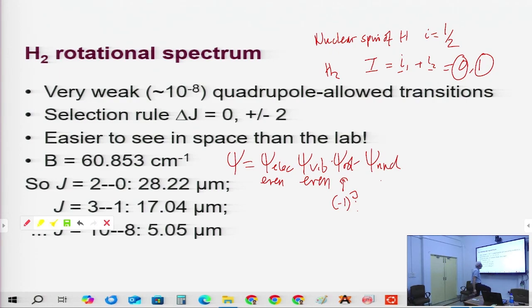But normally for electronic wave functions, that is a singlet, and a triplet, by definition, has 3 possibilities.